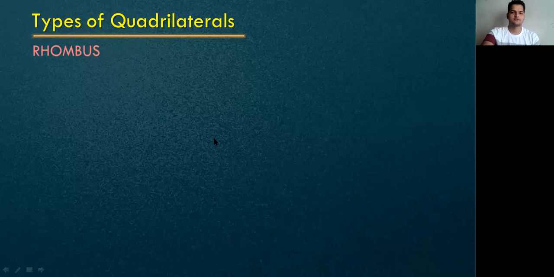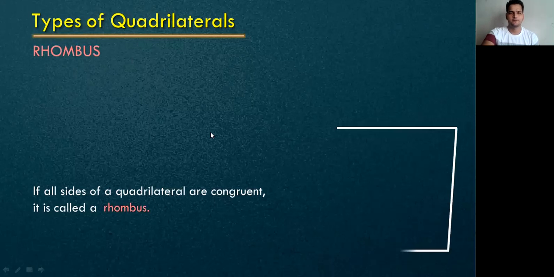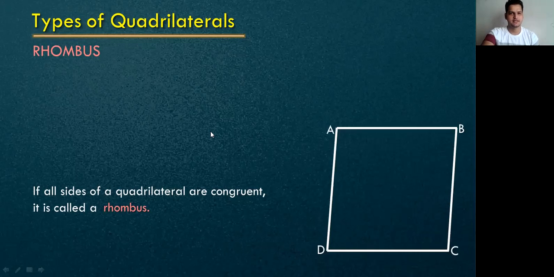What is a rhombus first of all? Let us understand. If all sides of a quadrilateral are congruent, it is called a rhombus. For example, let us have a quadrilateral ABCD. If you observe it very carefully, students, all the sides are congruent to each other.